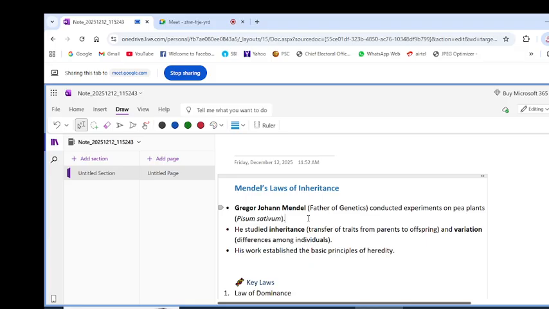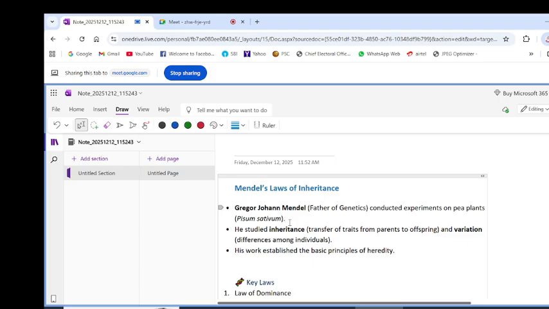He conducted his experiments on pea plants, that is Pisum sativum. The scientific name is Pisum sativum. In his monastery they normally planted these pea plants. He observed that in every generation some character changes happen. Sometimes the plants are long, in some generations they are short, their seed coat color is different, their flower color is different.